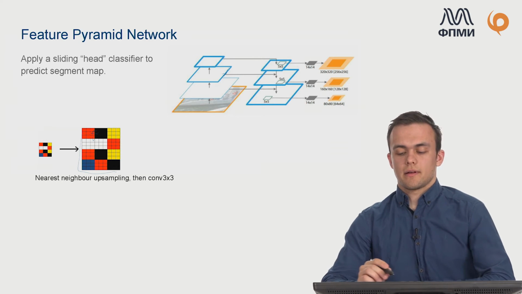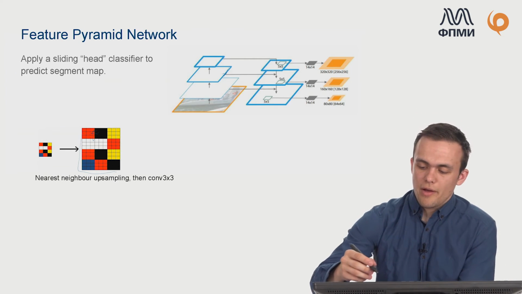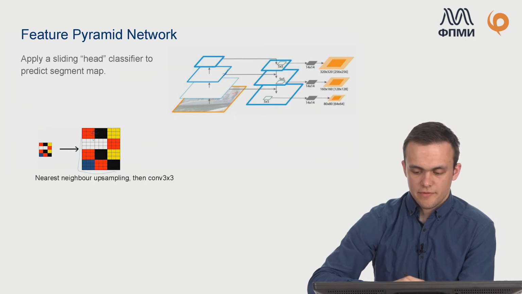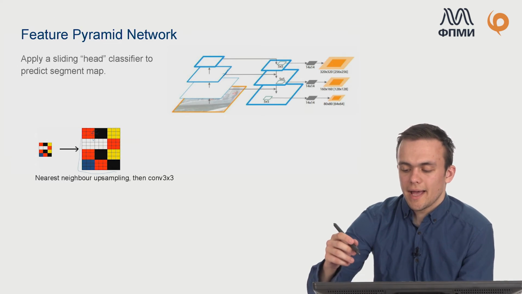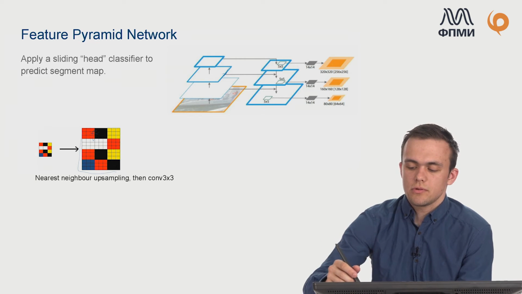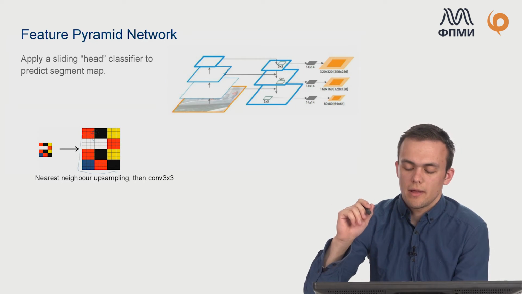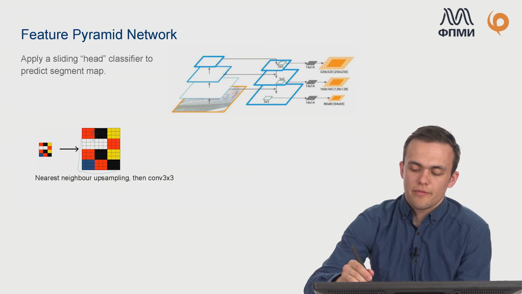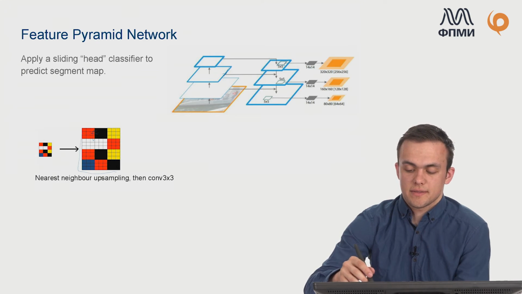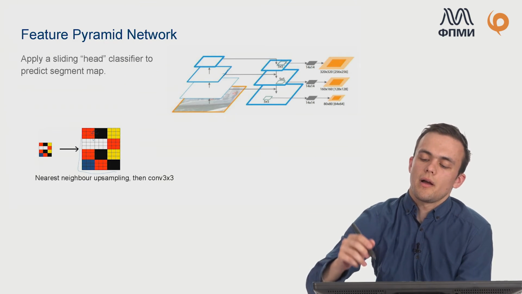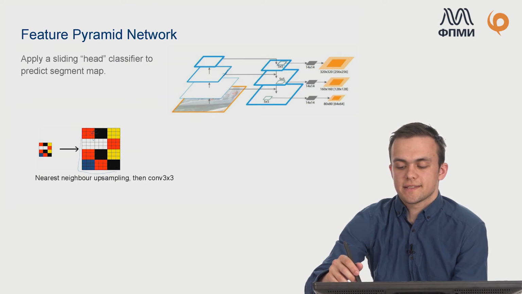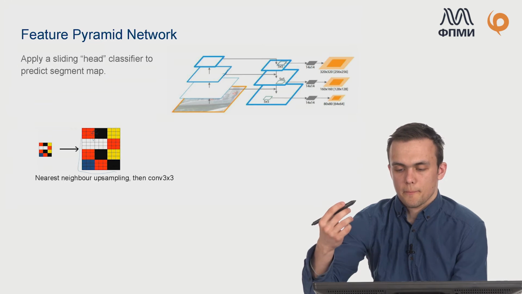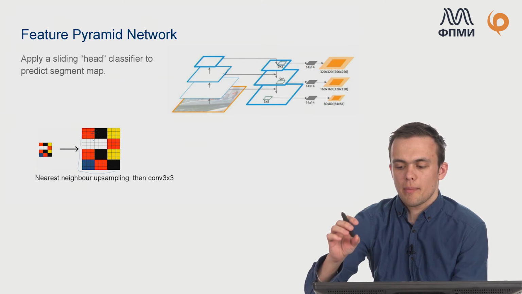So after that we have several feature maps of different sizes, and for every patch of this feature map we run a special classifier that predicts a map of classes.